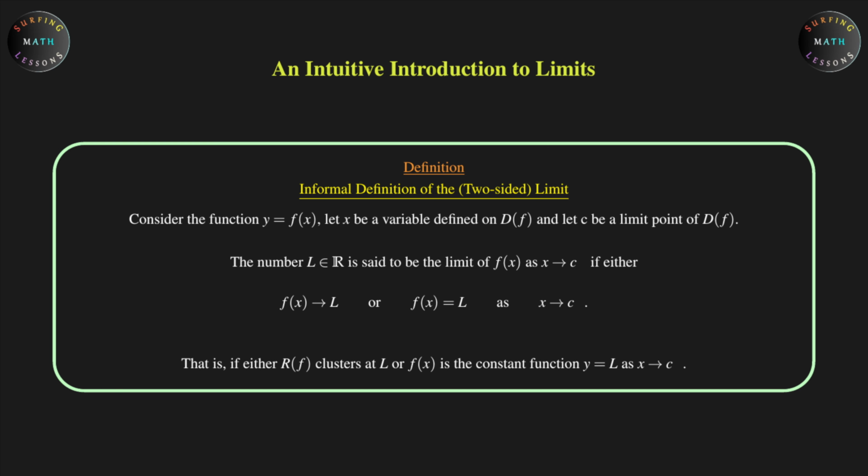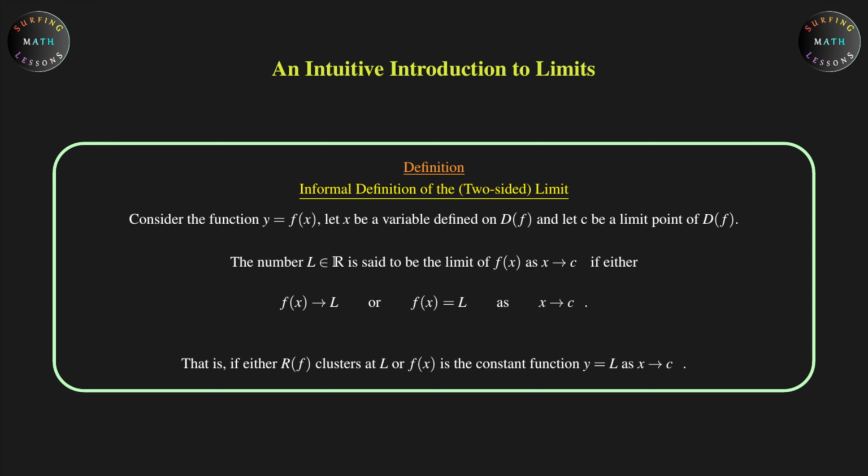By replacing x approaching c with either x approaching c from the left or x approaching c from the right, we obtain the corresponding definitions for the one-sided limits.